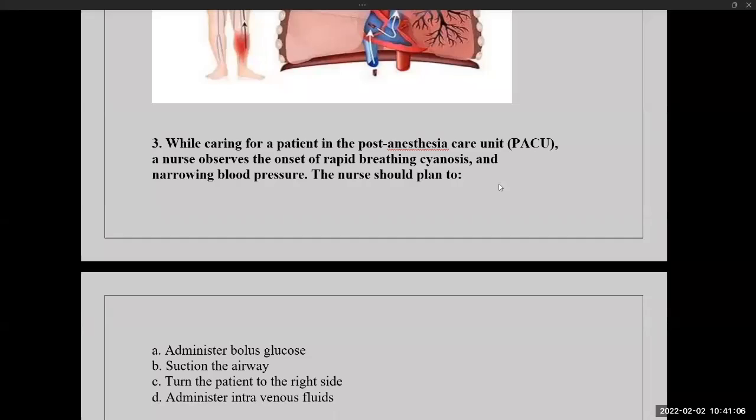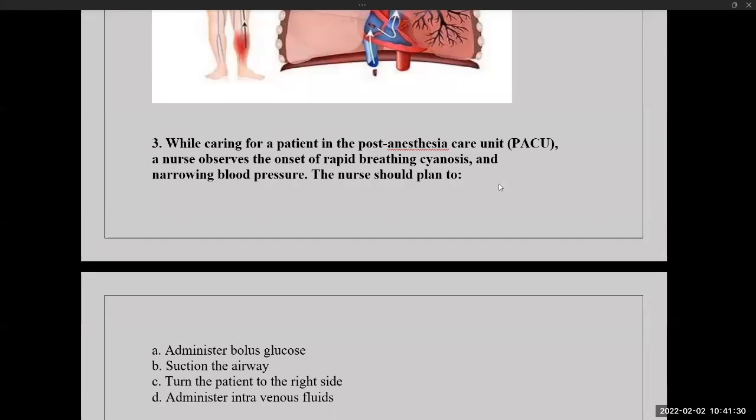Why lateral position? Not the entire body, only the head turned to one side. The body can remain in the supine position, but the head can be slightly turned to one side, because as a result of the general anesthetic medications, there will be chances of vomiting. Anesthetic medications cause a vomiting sensation also.